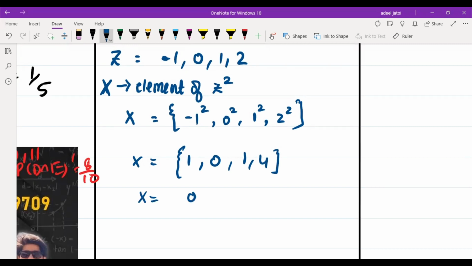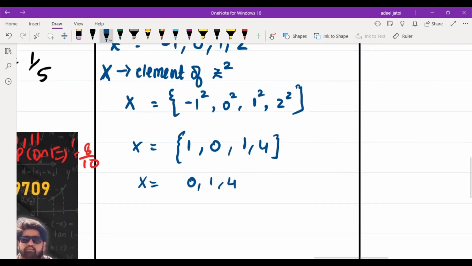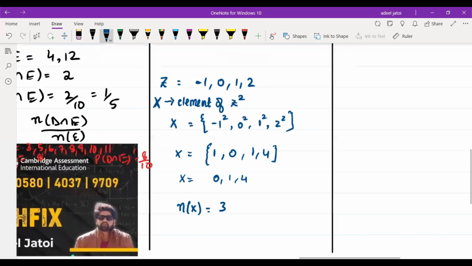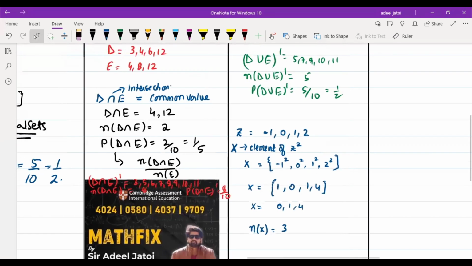So the answer will be 0, 1 and 4. Sometimes the question can ask you n of X, so the answer would be 3. So this is the normal example, where the examiner can test you with the square of the other sets that are given.